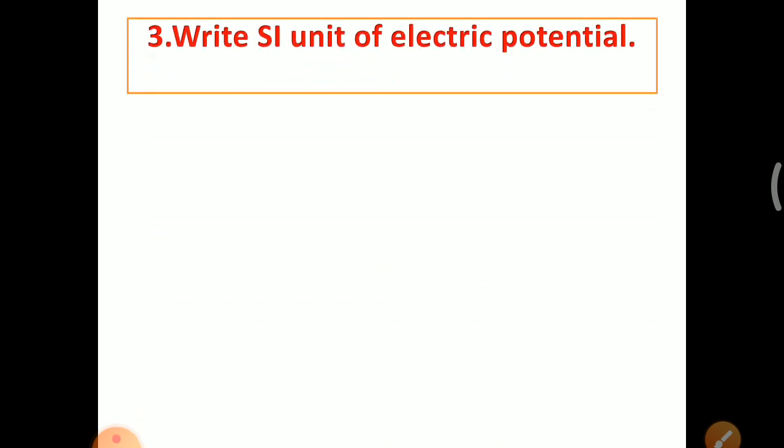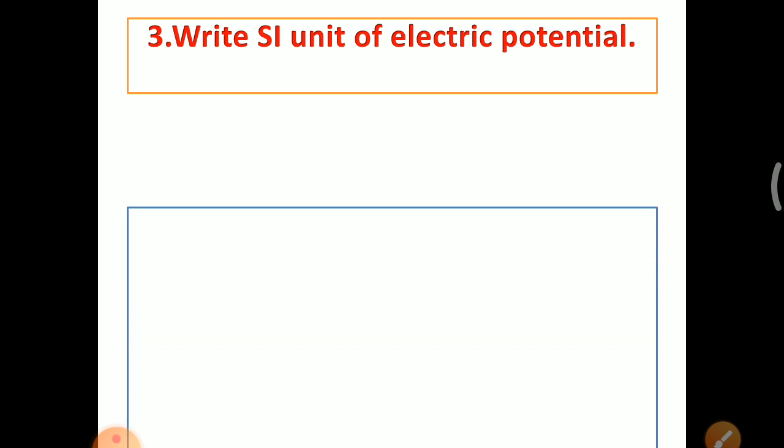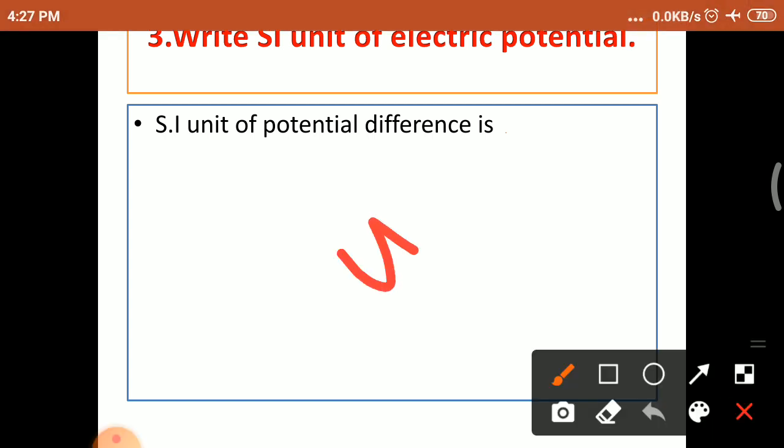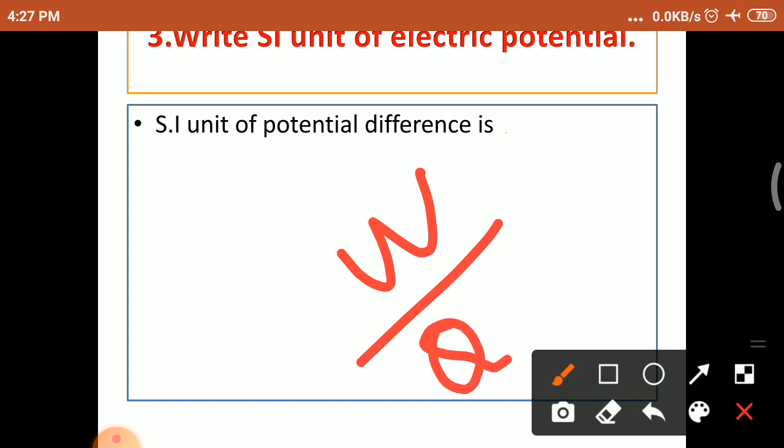The third question, write the SI unit of electric potential. You know that V equals W by Q. W is work done, and the SI unit of work done is joule. The SI unit of charge is coulomb.